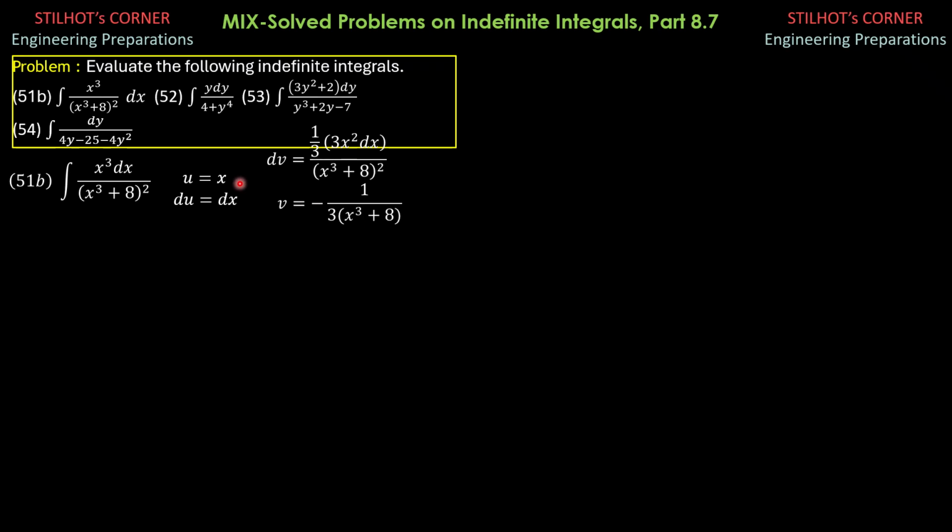Because this is integration by parts, we have uv, so negative x over 3 quantity x cubed plus 8. Then minus integral of v du, so minus negative, so plus 1/3 integral of dx over x cubed plus 8.